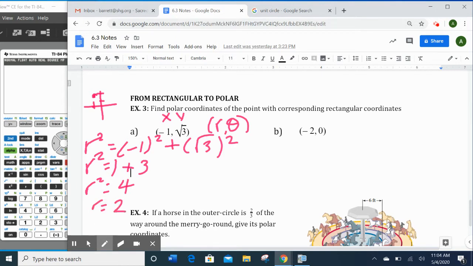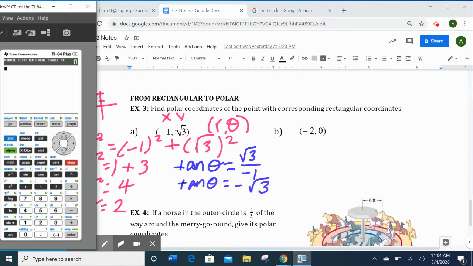So I'm halfway done, and I would argue the easier part's done. There's less thought behind finding r. Theta we're going to have to think about. So the first thing that I'm going to do is set up the fact that tangent of theta has to equal y over x, which is root 3 over -1. So the tangent of theta is -root 3.